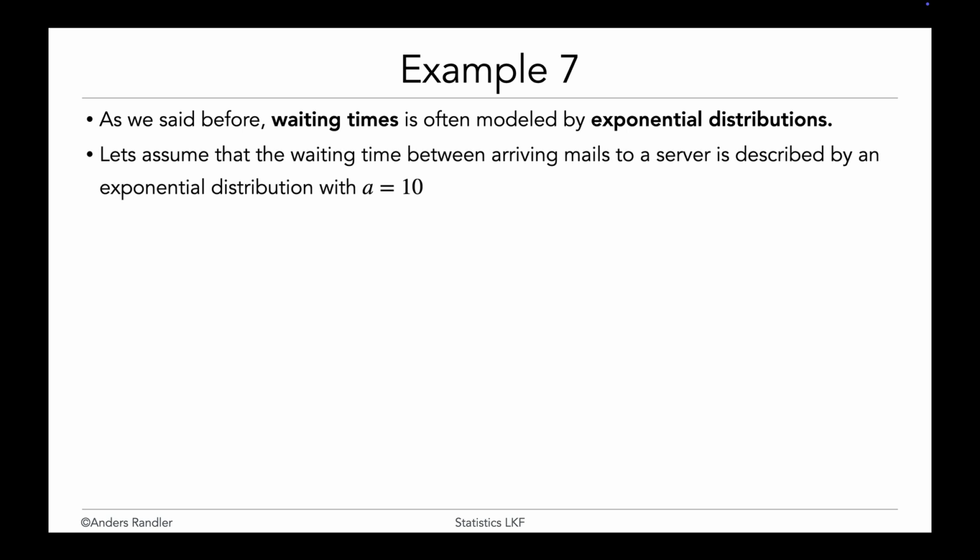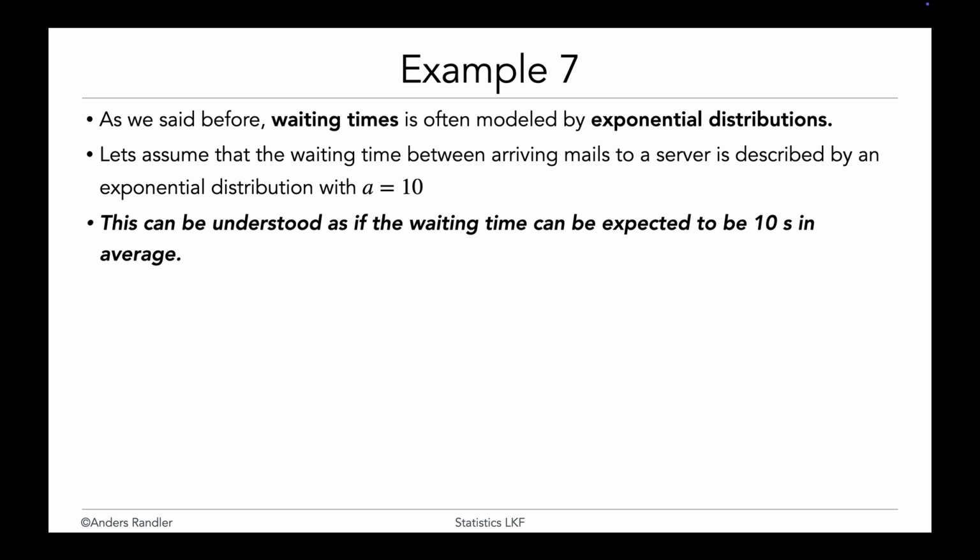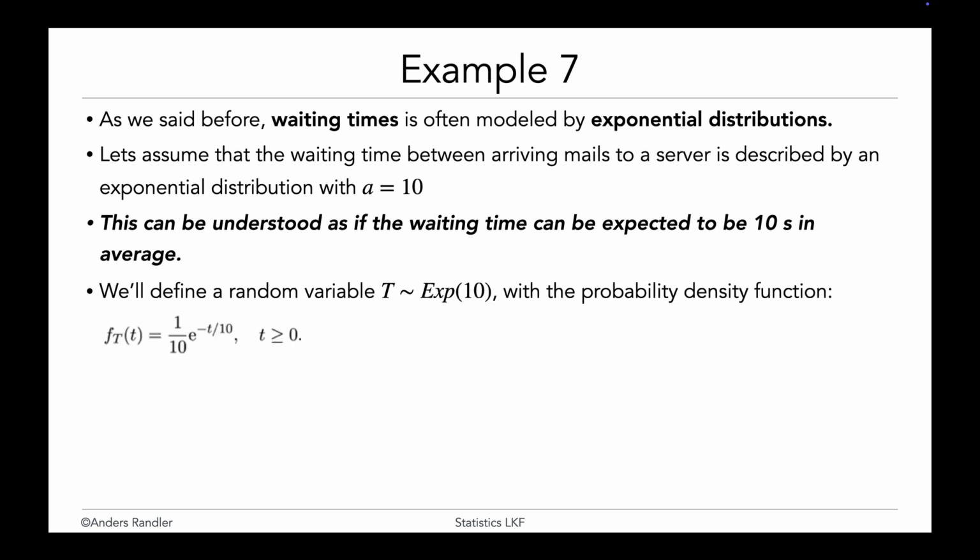I'll just run you through a simple example. So let's assume that the waiting time between arriving mails to a server is described by an exponential distribution with a equals 10. That means the waiting time can be expected to be 10 seconds, not minutes, 10 seconds on average. We'll define a random variable t distributed as an exponential distribution with the expected value of 10.